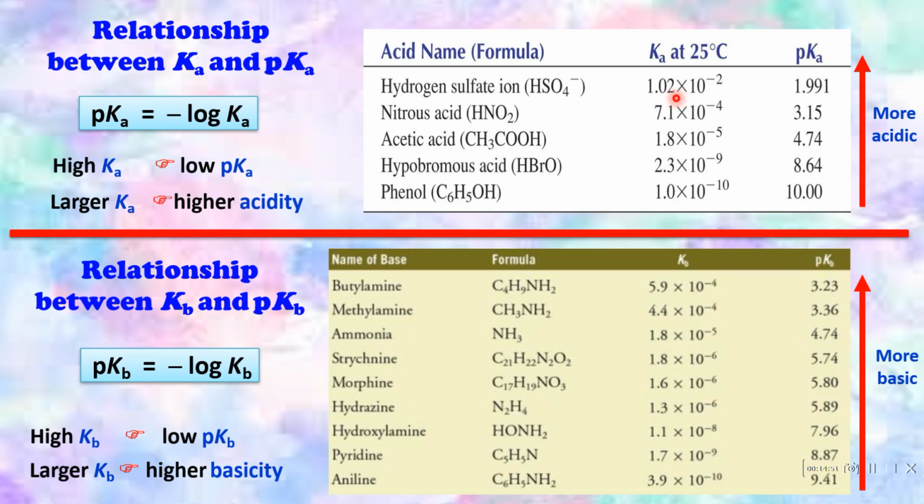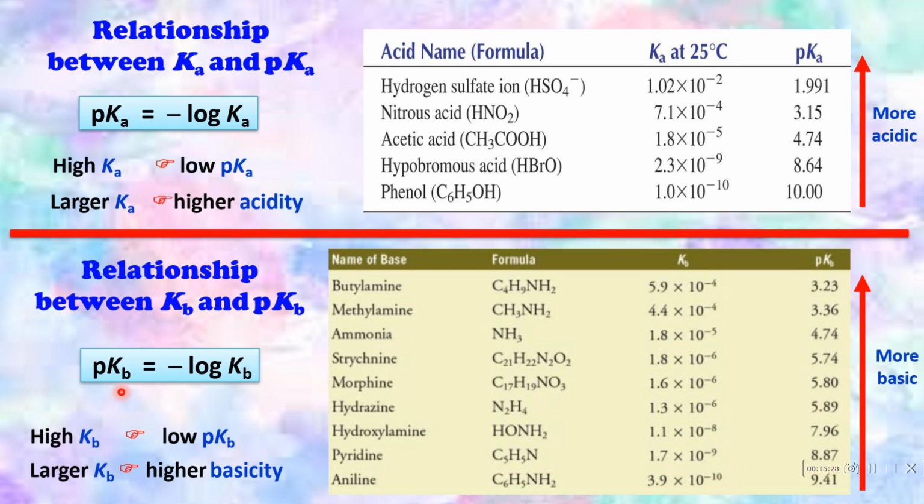If Ka is a high value, you get a lower pKa value. This means that a larger Ka means higher acidity, so more acidic.